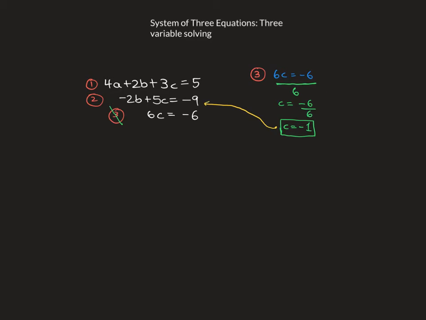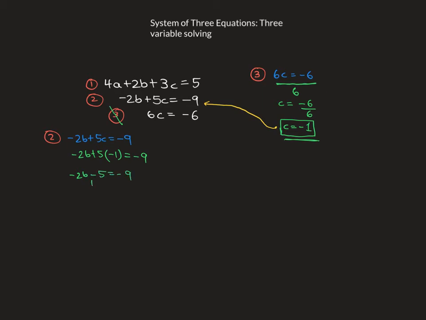So we have minus 2b plus 5c is equal to minus 9. This becomes minus 2b plus 5 times minus 1, so 5 times minus 1 is minus 5, is equal to minus 9.